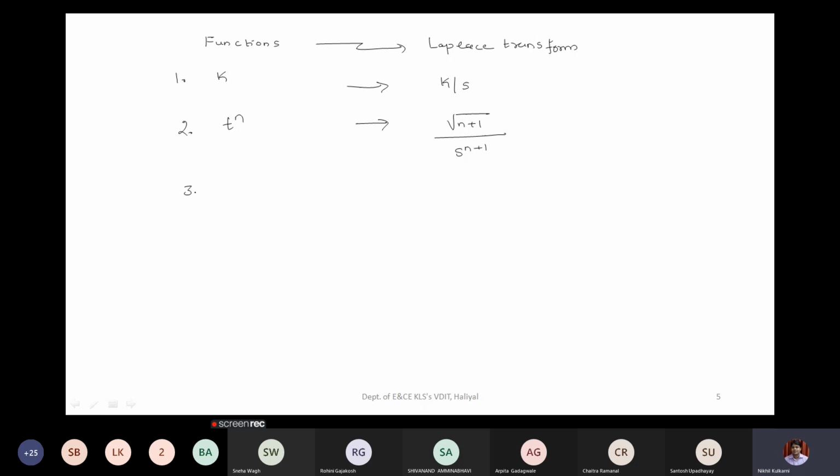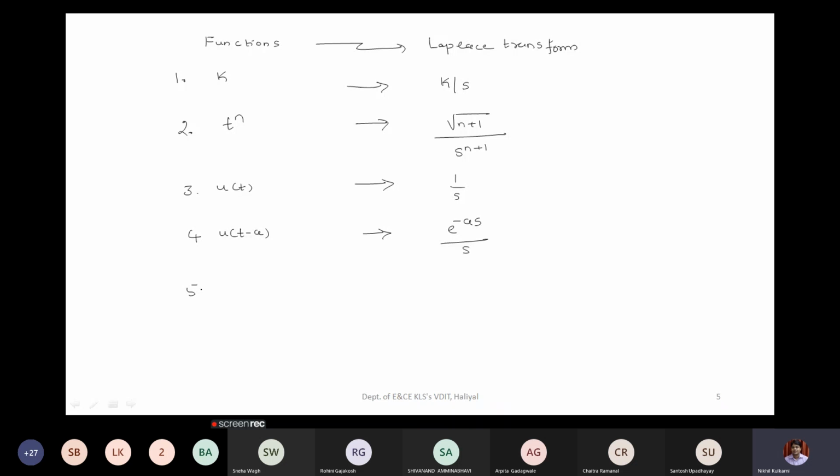The third one we have taken is the unit step function, that is u of t. The fourth one is the shifted unit function by some amount, like u of t minus a, and for that it will be e to the power minus as divided by s.